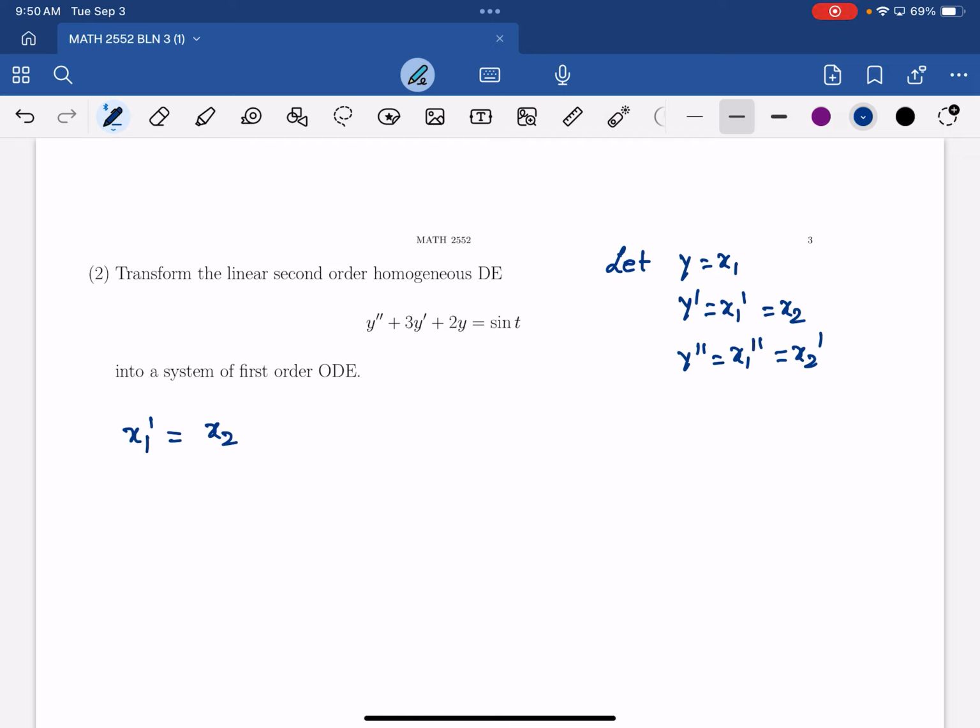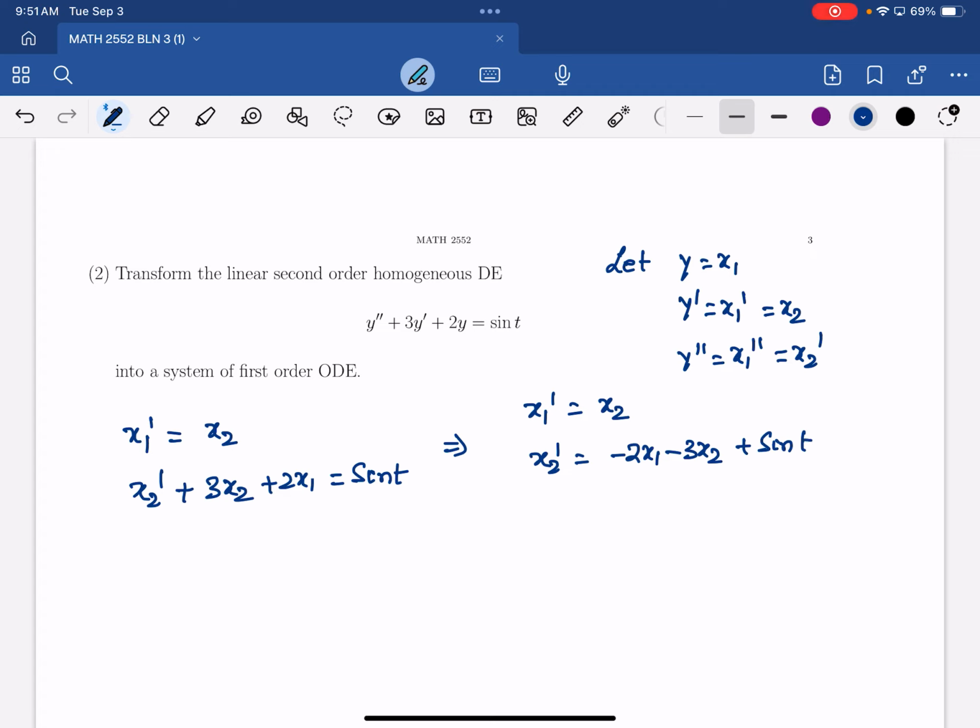Then y double prime is x2 prime plus, since y prime is x2, 3x2 plus 2x1 equals sine t. So you get x1 prime equals x2, and x2 prime is negative 2x1, negative 3x2 plus sine t.